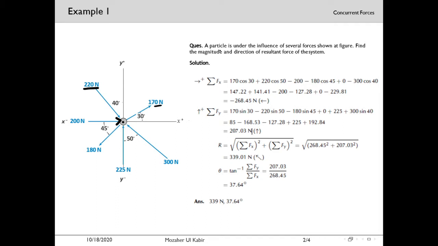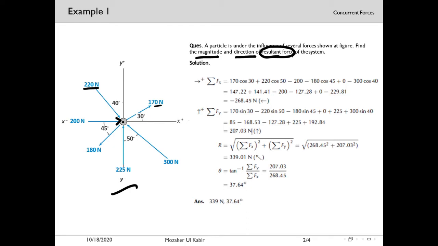In our question, it has been mentioned that a particle is under the influence of several forces shown in the figure. Find the magnitude and direction of the resultant force of the system. That means when all of these forces are acting at this certain point, we are asked to calculate the magnitude and direction of the resultant force of this entire system.